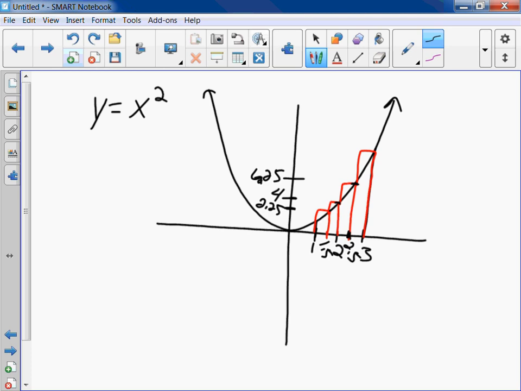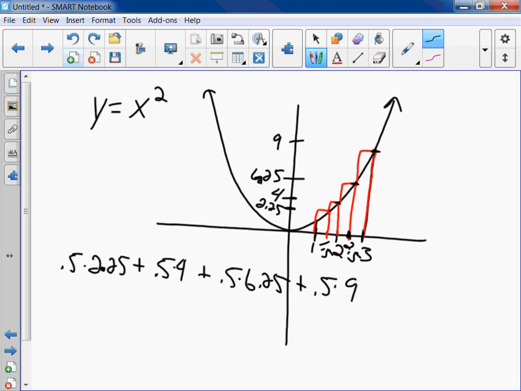Now what's the width of each one of those rectangles? 0.5. So I have 0.5 times 2.25 plus 0.5 times 4 plus 0.5 times 6.25 plus 0.5 times 9. And that's going to be 1.125 plus 2 plus 3.125 plus 4.5.